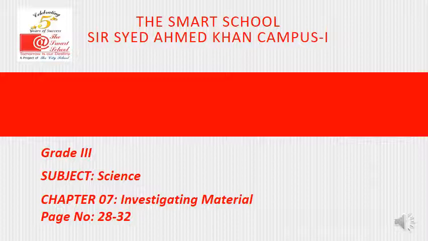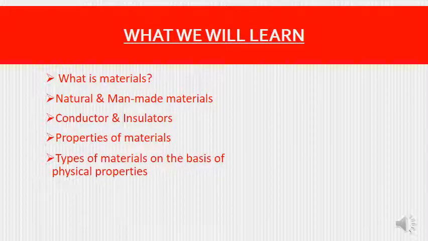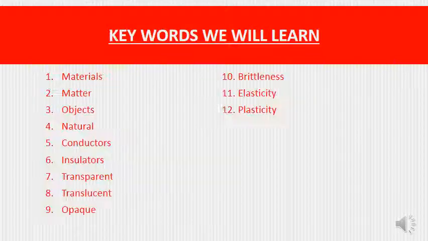In this video, we will be discussing Science Chapter 7 Investigating Material. It is on page number 28 to 32 in your textbooks. What we will learn in this chapter: what is materials, natural and man-made materials, conductors and insulators, properties of materials, type of materials on the basis of physical properties.